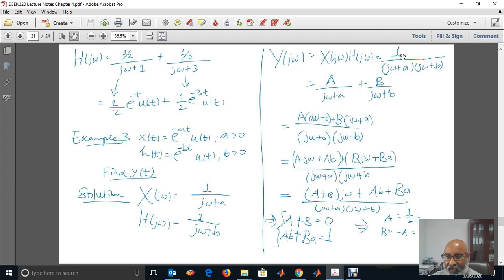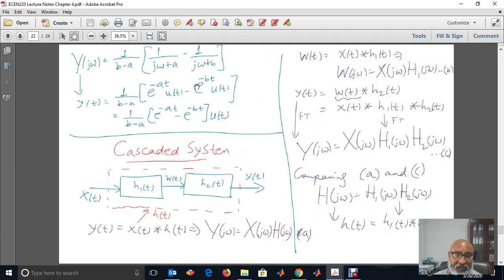Why? Because I don't have j omega in the numerator here. So it should be 0. And this one, capital A times small b plus capital B times small a, should be 1. So we solve for capital A and capital B using the two equations, and we have capital A and capital B given by this.